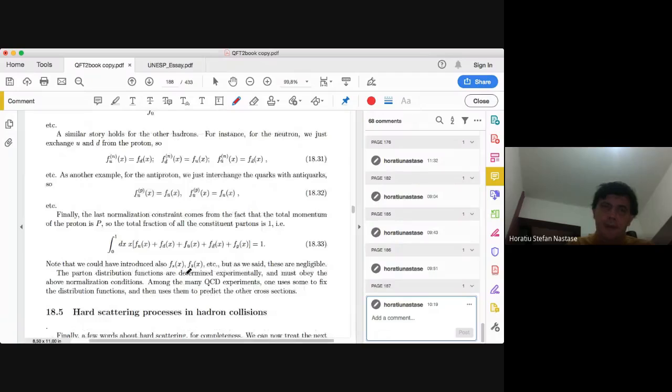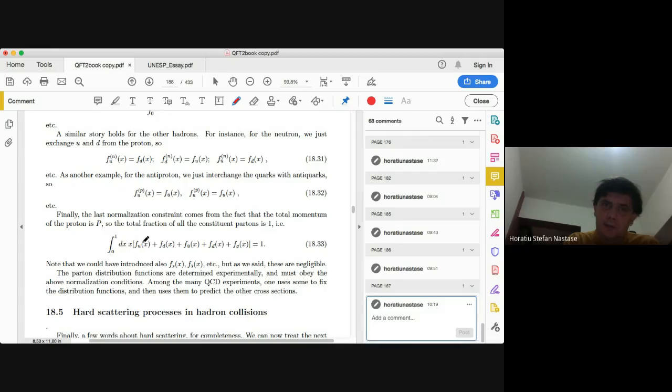And finally, there's one more condition on the parton distribution functions, which comes from the fact that the total momentum of the proton is capital P. So the integral of x, where x is the momentum fraction, of all the distribution functions that are relevant.